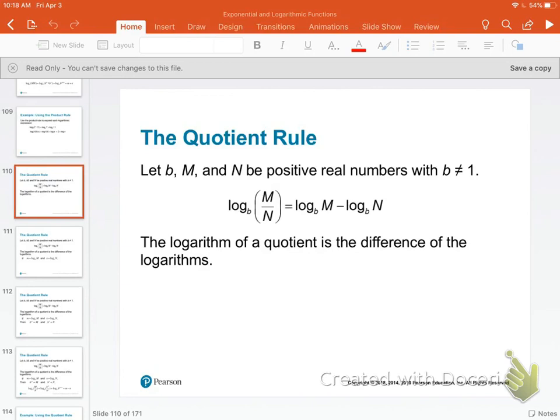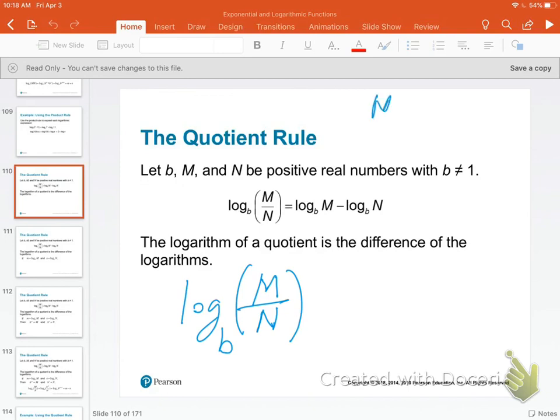The second rule is the quotient rule, the quotient of powers. We have log with base b, and then there's the fraction or quotient m over n, or m divided by n. If it's a multiplication, we have the sum. Now it's a division, m divided by n.